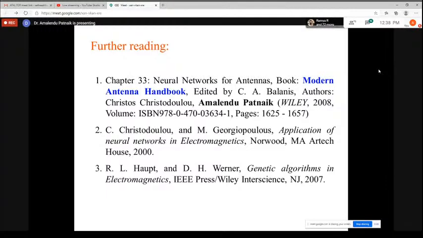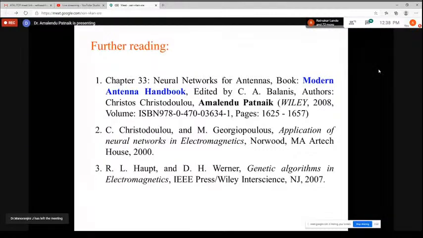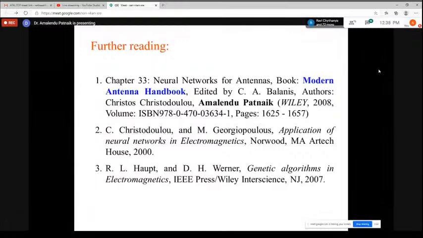Furthermore, another book, Genetic Algorithms in Electromagnetics, you can see this one. Although this book is specifically for genetic algorithm applications, the process of applying one meta-heuristic technique is not much different from applying another.